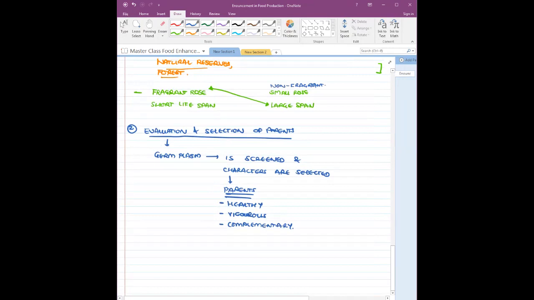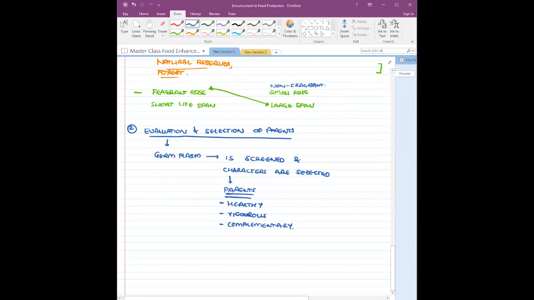Otherwise, if you select a fragrant rose and a flower with thorns, or a short lifespan and a morphological characteristic, it won't make sense. Then you cannot do a cross between these two. The cross has to be done by selecting these complementary characters only. Then only it is going to happen.